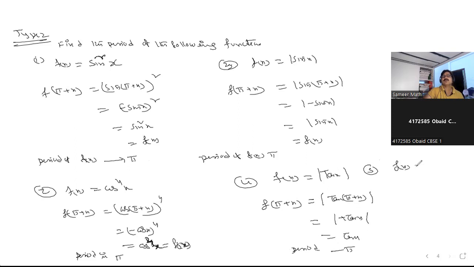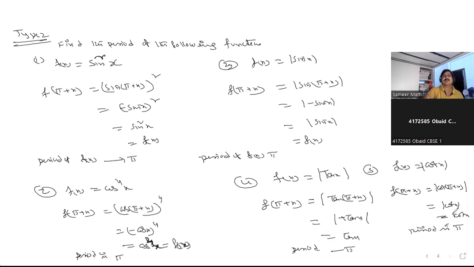See this one. If I take f of x is equal to cot x, or mod cot x also, nothing is going to be changed. Why? Third quadrant. Mod of cot of pi plus x will be cot x only. So even though you are applying mod, nothing is going to be changed, so here also we get the same period.